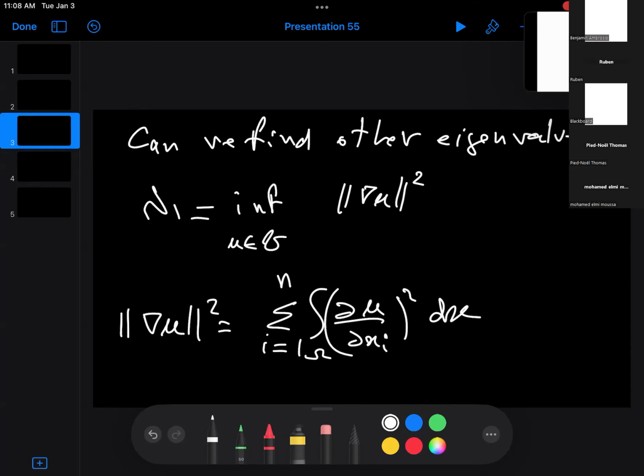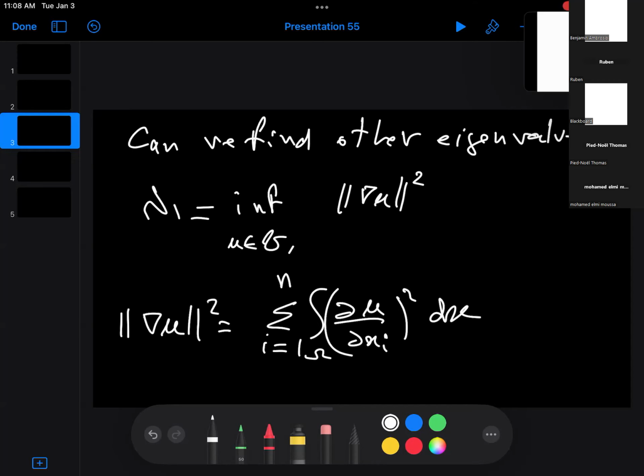So I will work in H1. H1, I said that I use the notation V. Okay. And furthermore, I will work on the space which is orthogonal to the space of constant functions.